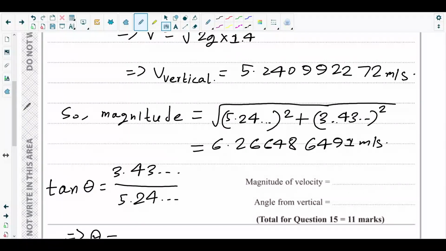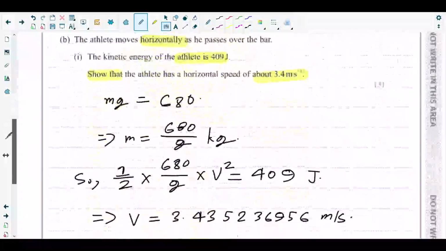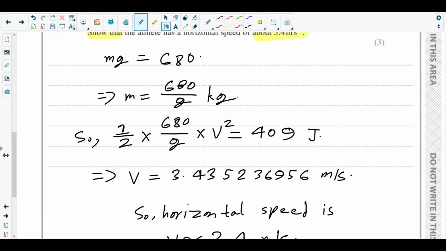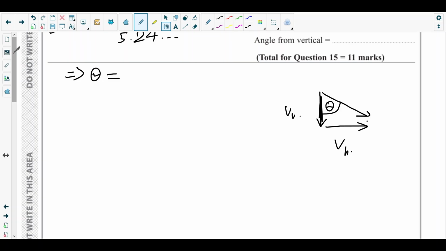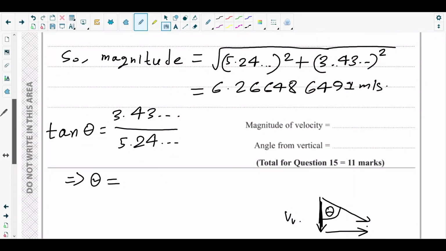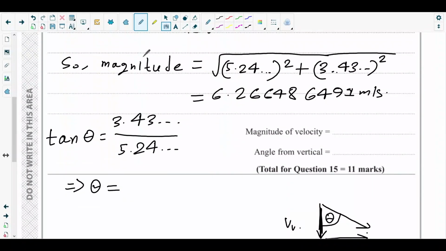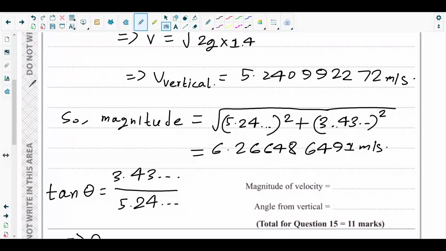So let's calculate it: 3.435236956 over 5.240992272.